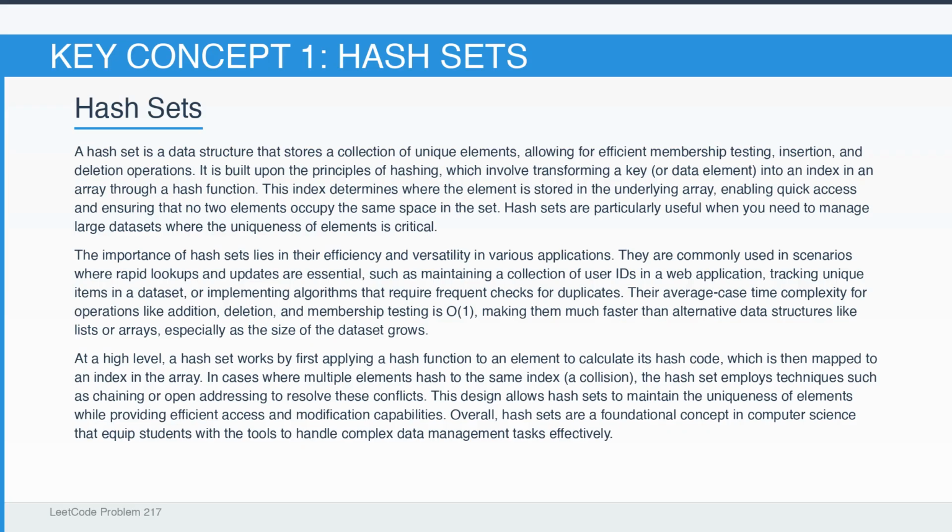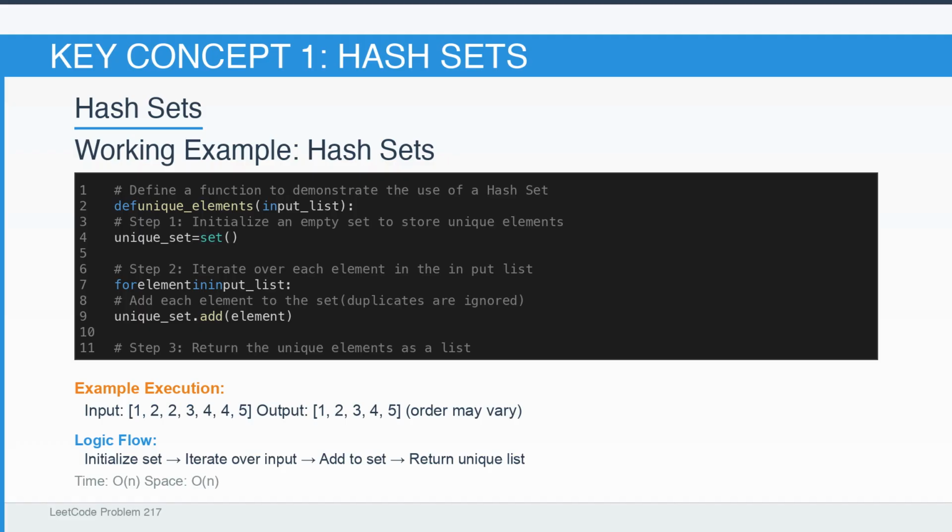To handle this, hash sets use strategies like chaining, where each index points to a list of elements that hash to the same index. This ensures that we can still maintain uniqueness and access elements quickly. In summary, hash sets are essential for efficiently managing collections of unique data, providing the speed and reliability needed for complex data management tasks.